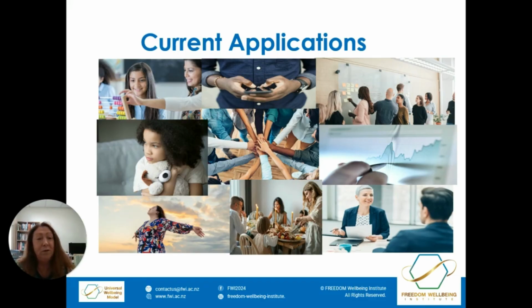The model is also being used by family groups and people in the health sector, business sector, manufacturing and other sectors. So it has wide applicability. This development of understanding of what universal wellbeing is and how it works is a concept we refer to as wellbeing literacy. So that's understanding enough about your wellbeing to be able to make positive changes to it.